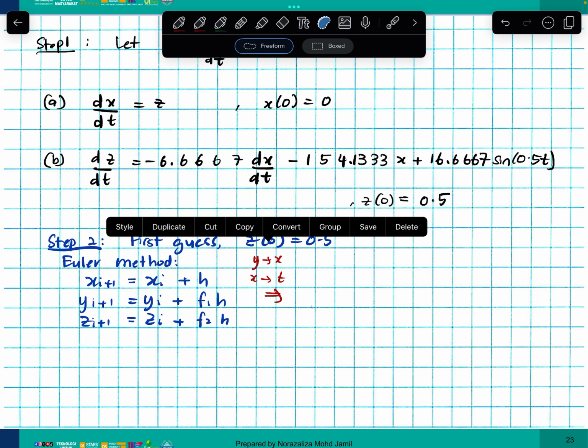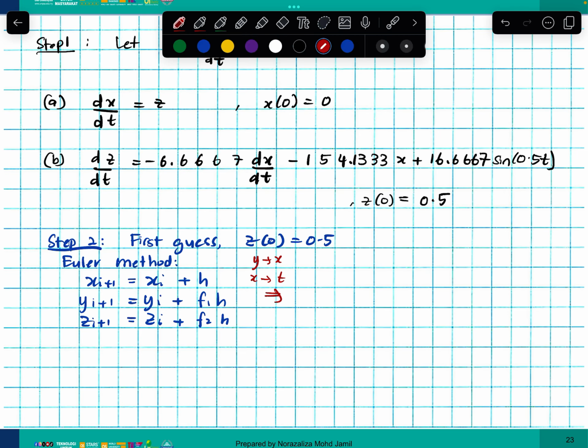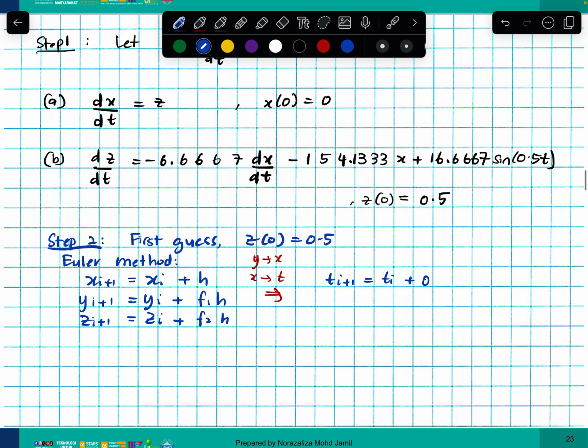So your formula becomes: x becomes t, so you have t(i+1). What is your h? h is given in the problem, the step size is given as 0.25. You can put this right away, and then y should be replaced by x, so this is your x.